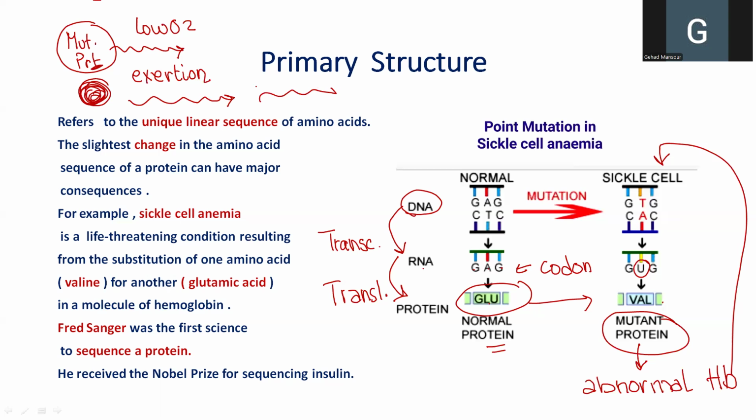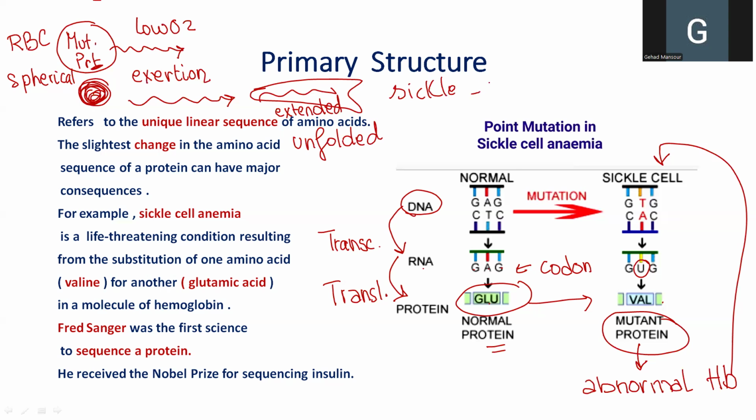And this unfolding results in a change in the shape of the red blood corpuscle. Instead of the red blood corpuscle being spherical, this protein has now been extended because it has been unfolded, and the red blood corpuscles change their shape, and instead of being spherical, they become sickle-shaped.